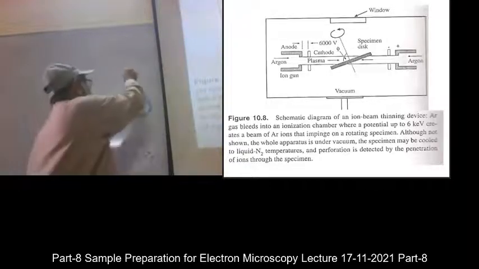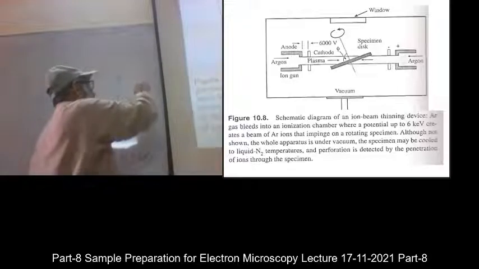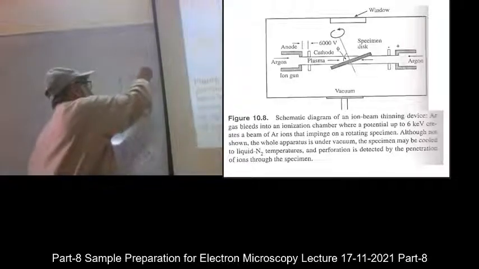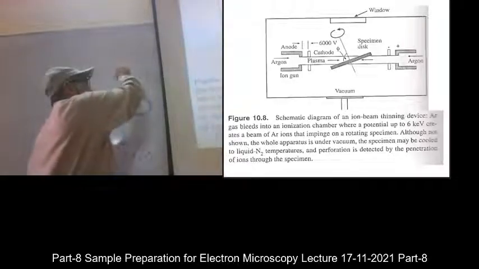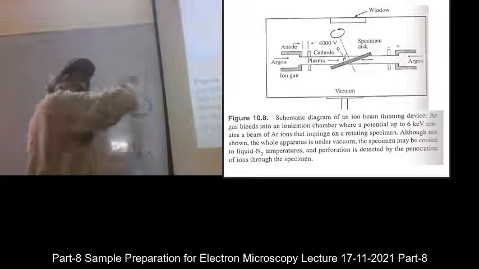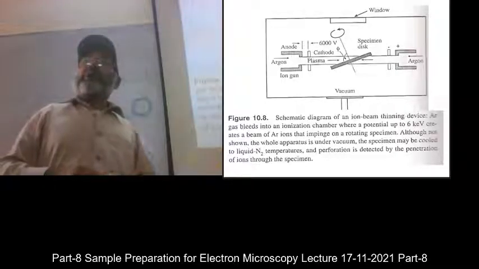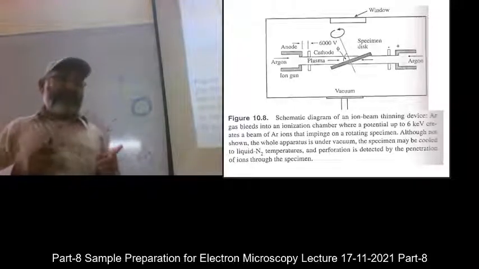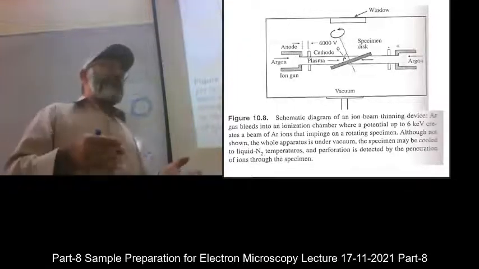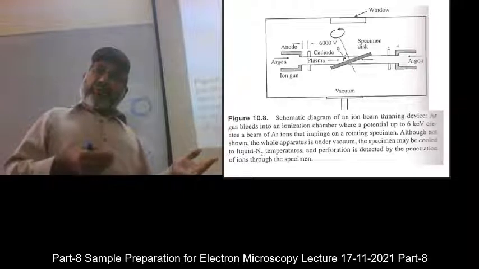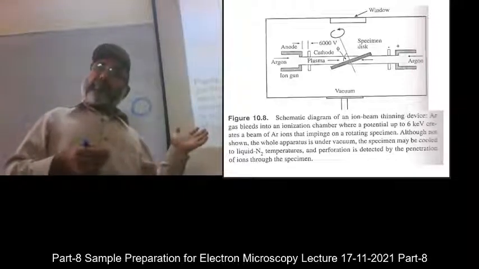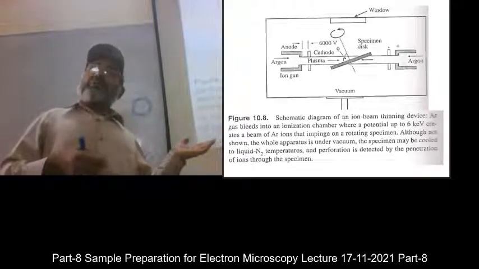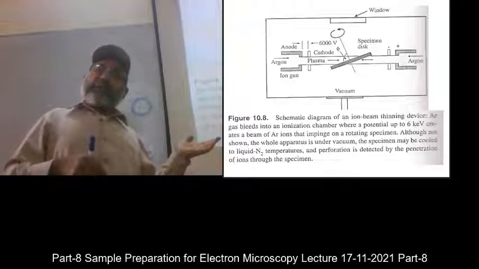As I draw a sample holder like this and we put the sample in, here it is also keeping the system cold during that process. Anyway, people keep liquid nitrogen in the old ion beam thinners. The new ones are now not using liquid nitrogen.